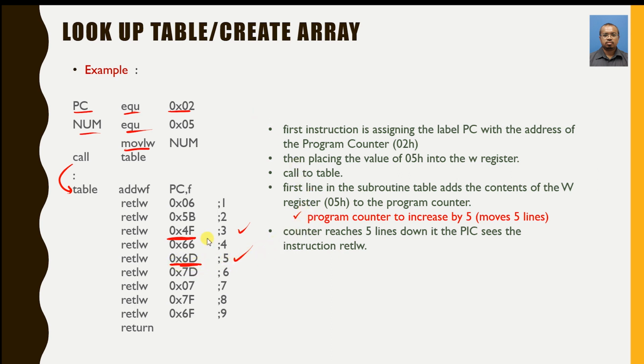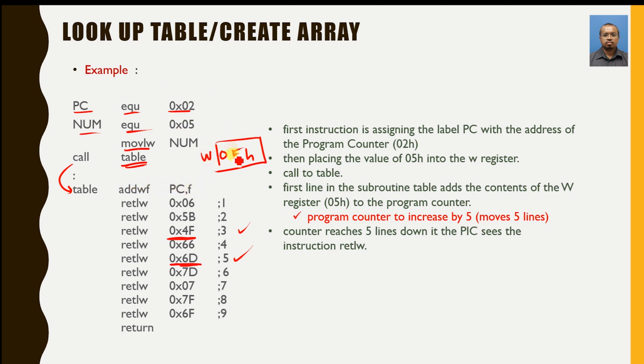But how does the program search that number in this table? When you call the table, your working register is already 05. Your working register is having this number 05. And then when you go into the subroutine table, ADDWF PCL.